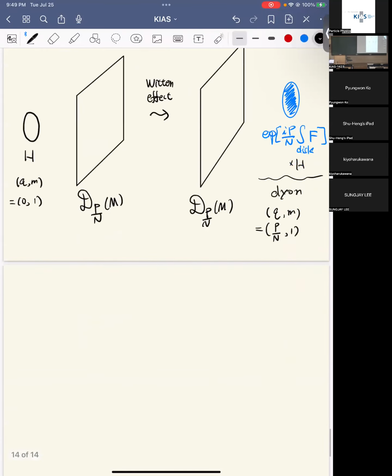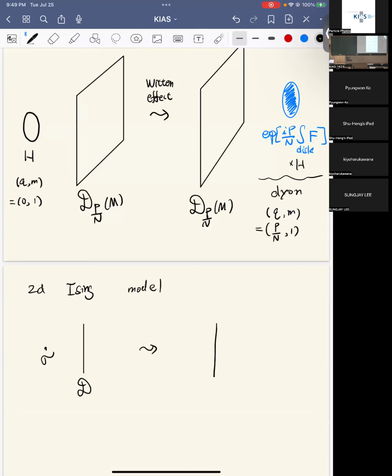Okay. For those of you who are familiar with the Ising model, this picture should be compared with the non-invertible symmetries in the 2D Ising model. In that case, the non-invertible symmetry is generated by a line operator. The analog of the 't Hooft line or monopole is the order operator, sigma.